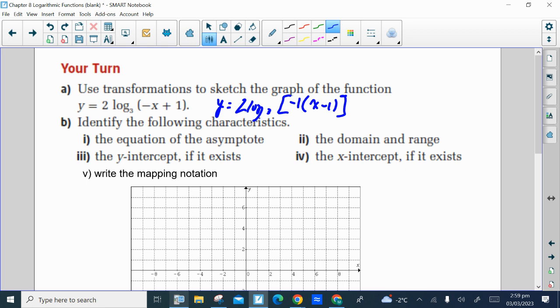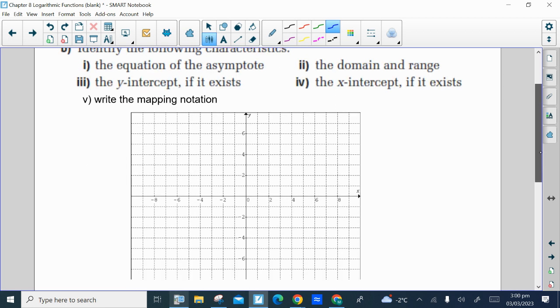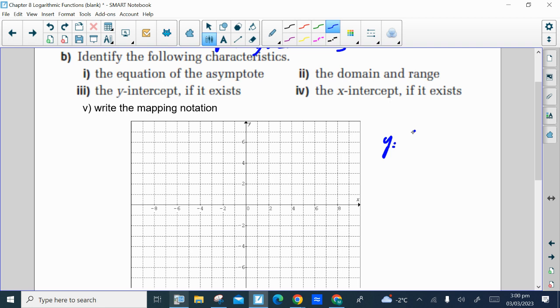And this will be a transformation of y equals log base 3 of x. In exponential, that'll be 3 to the power y equals x. And we can use this to generate our table of values.